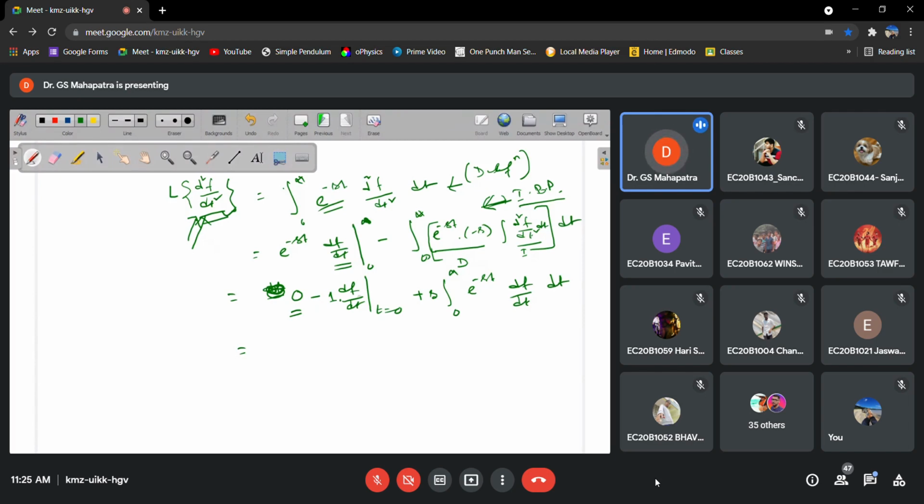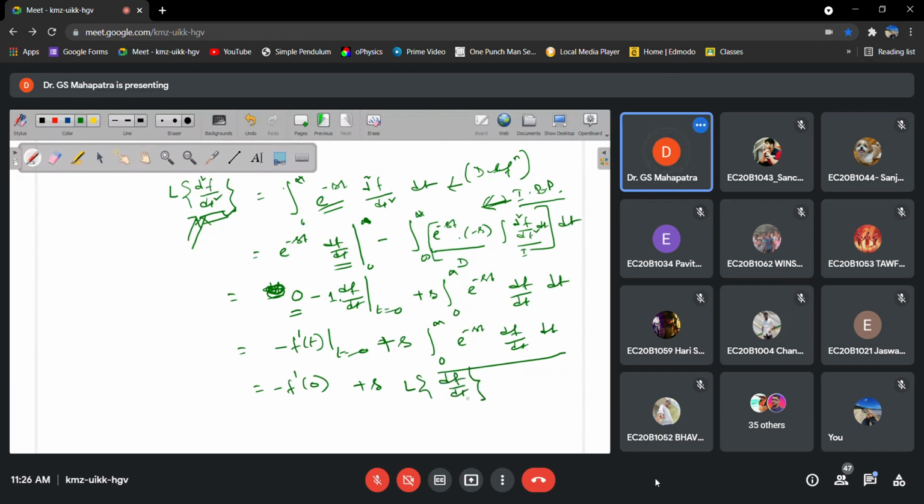So we can write minus f dash at t equals 0, plus s times the integral from 0 to infinity of e to the power minus st df/dt dt. This is minus f dash 0 plus s times the Laplace transform of df/dt.